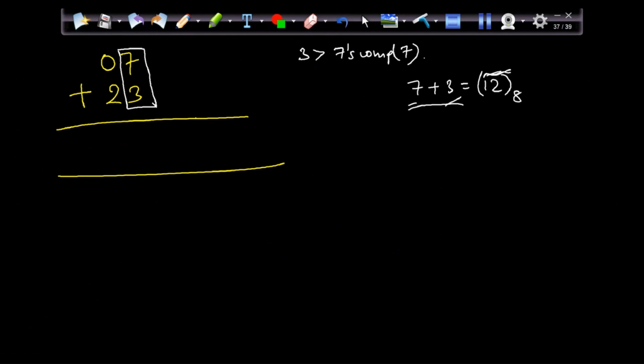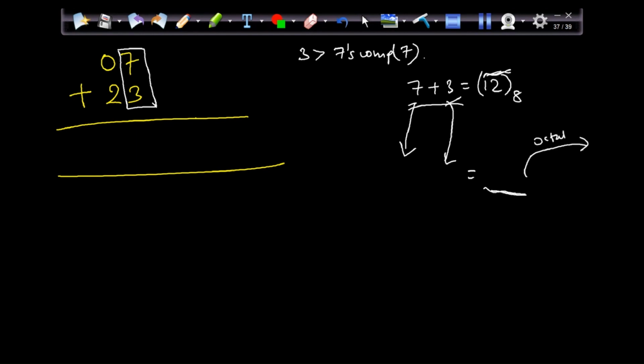This is one way. The other way to add is to convert this 7 into decimal, convert this 3 into decimal, and it is easy for everybody to do the addition in decimals. Find the result and then change the result into octal.